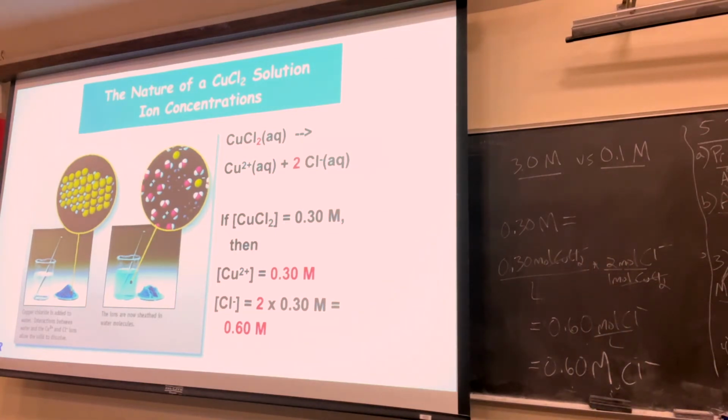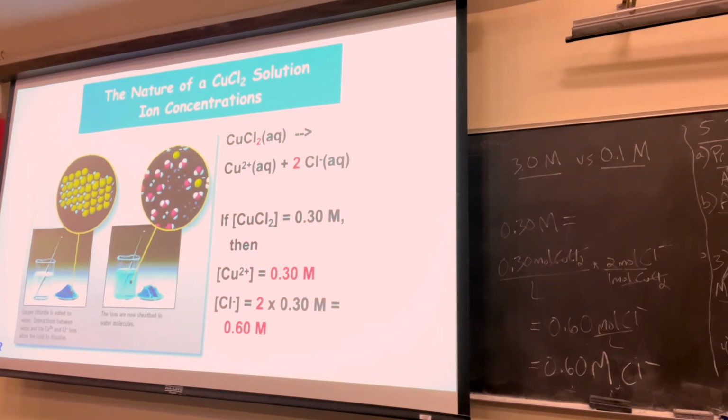So I put this in here because, let's say you had a diet which was sensitive to sodium. All right, some people can't do a lot of salt. Well, you put in NaCl, and that's 1:1. But if you had sodium oxide, for example, that's Na2O, and 1 mole of Na2O would create 2 moles of Na+, so you get twice the amount of sodium that you might think you did.